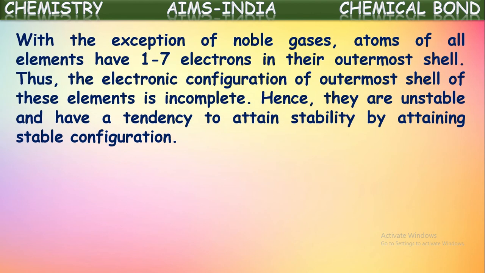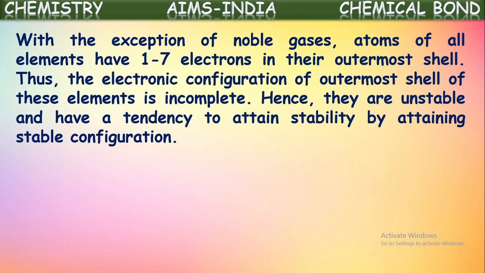With the exception of noble gases, atoms of all elements have 1 to 7 electrons in their outermost shell. Except these elements, all remaining elements do not have octet or duplet. Thus, the electron configuration of the outermost shell of these elements is incomplete, because it should have either 2 electrons or 8 electrons in its valence shell.